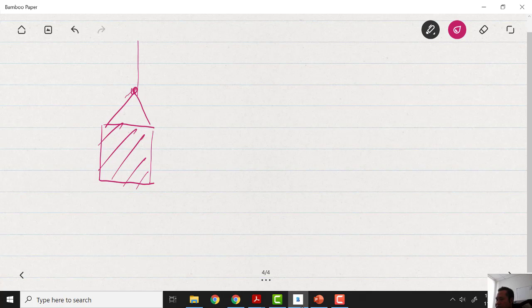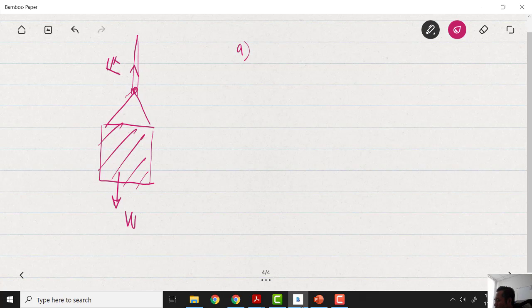The question asks you to find the suspension force. For example, we have Ft, the tension from the wire, and we have the weight of the concrete. The wire is holding the concrete, so we must have a force to hold the concrete from falling.